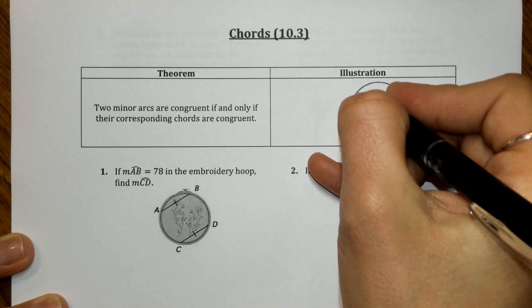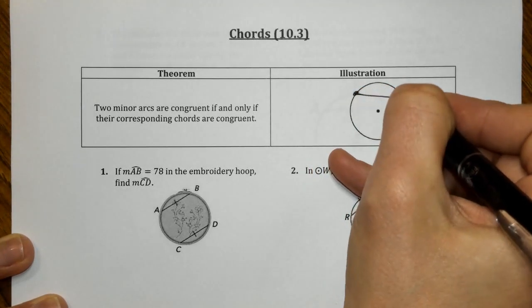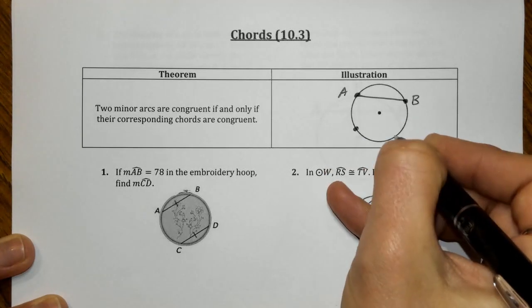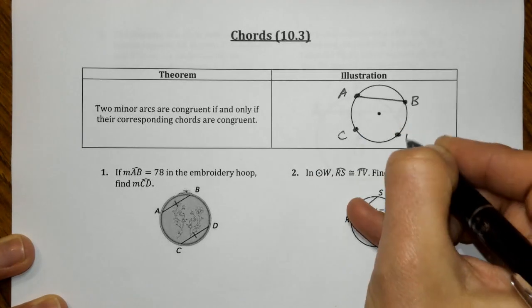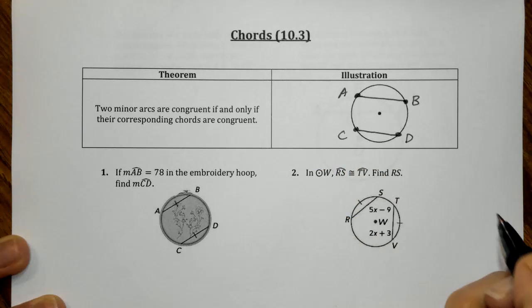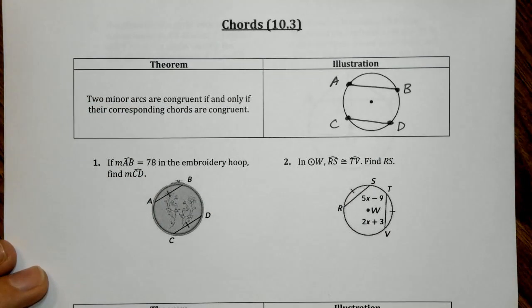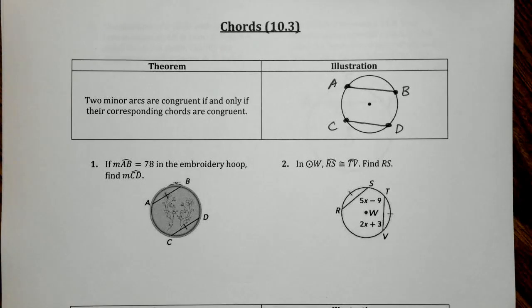So if we draw in 2 chords here, let's say chord AB, and down here we'll draw in chord CD. Now we need to remember about our biconditionals: if and only if states that the conditional statement and its converse are true, meaning it's going to go both directions here.